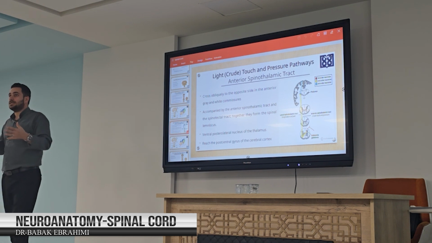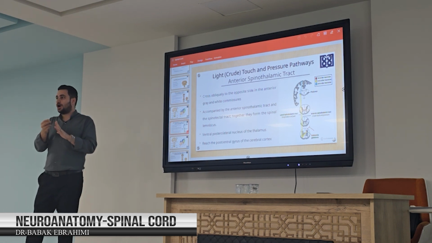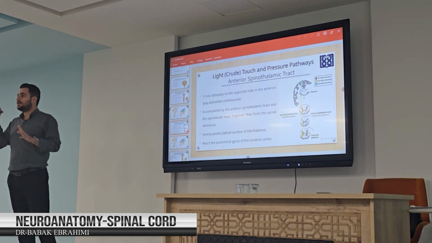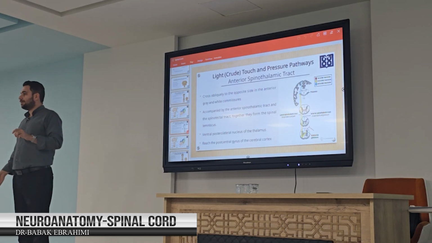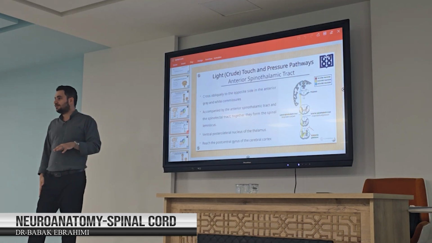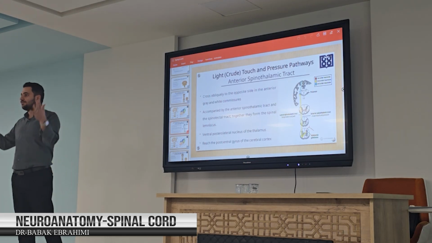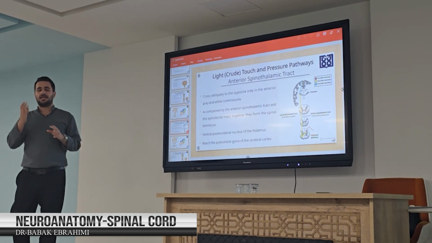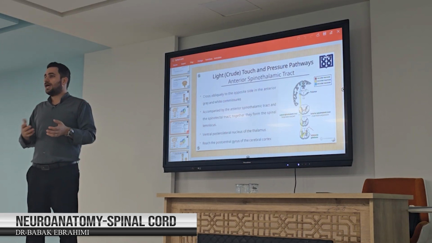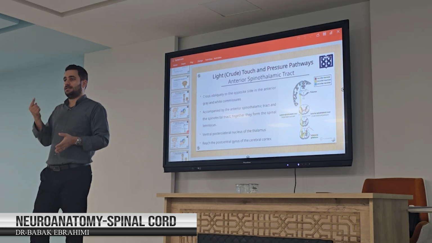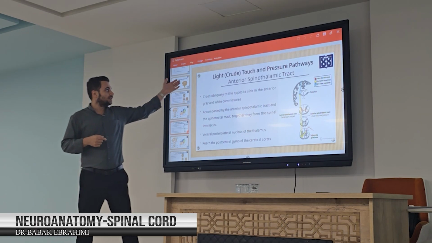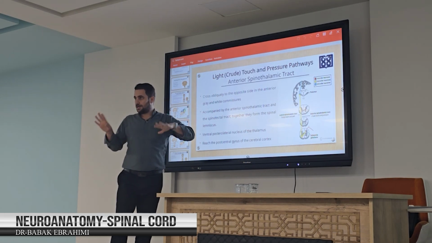If I recognize these are two points, it means that it is discriminative touch. But if I put them in some part of the skin that doesn't have lots of receptors, and you just understand that this is a needle, you cannot tell whether it is two needles, three needles, or one needle. So we have light touch and discriminative touch.